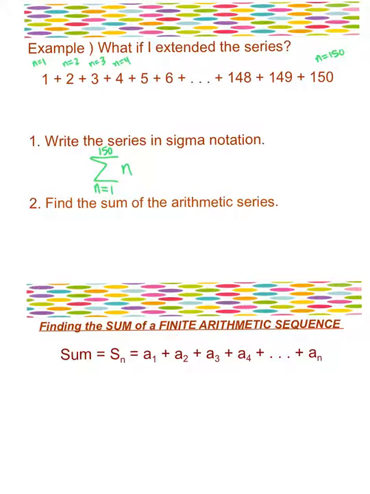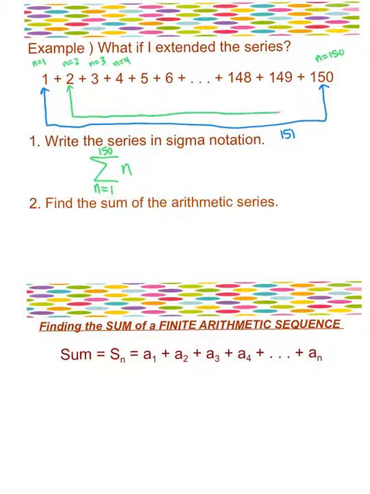What Gauss did was he noticed that if I have an arithmetic sequence where I have a common difference from term to term, and I take the first term plus the last term, I get 1 plus 150, and that is 151. Now if I take the second term and the term preceding the last term, on the left-hand side I go up 1, but on the right-hand side I go down 1, so the sum still remains 151.